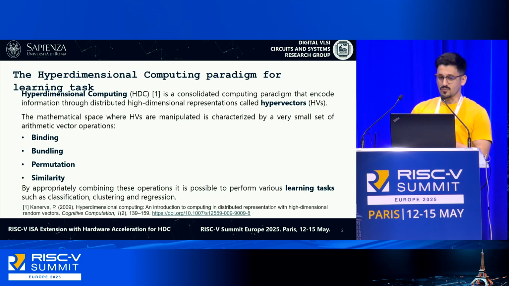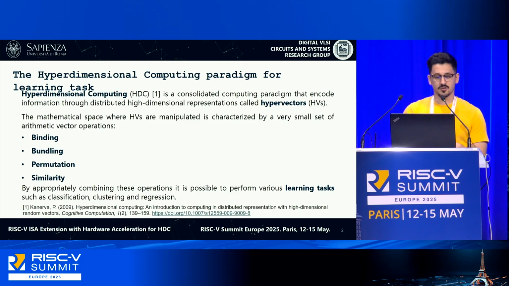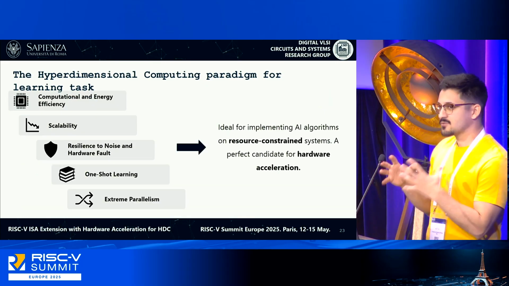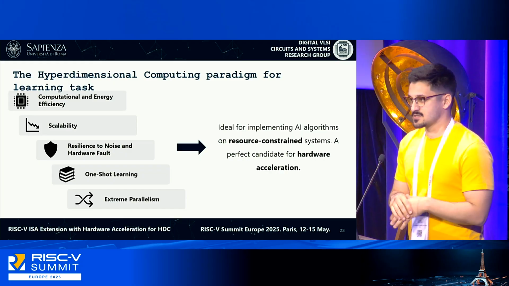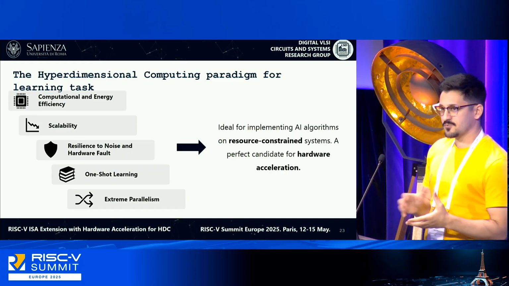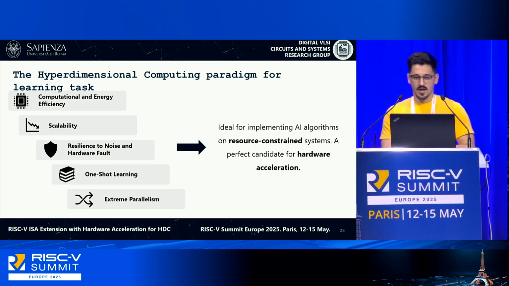However, by appropriately combining these operations, it's possible to build computing models that are able to perform learning tasks, such as regression, clustering, or classification. Without diving into the mathematical details of the paradigm, what really matters for us today is that many of these computing models come with a set of very compelling properties.